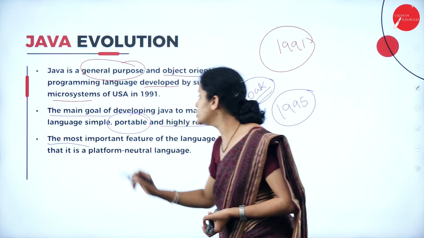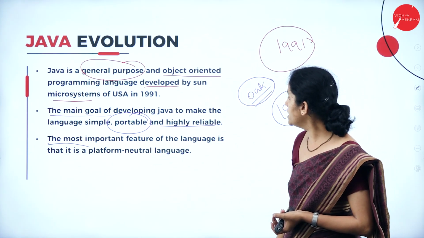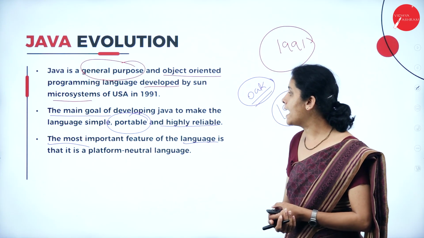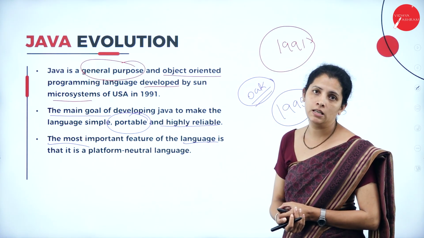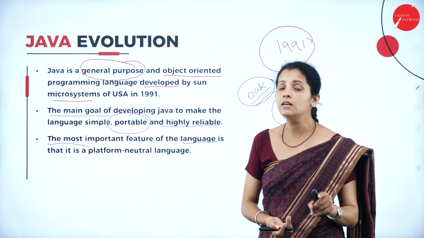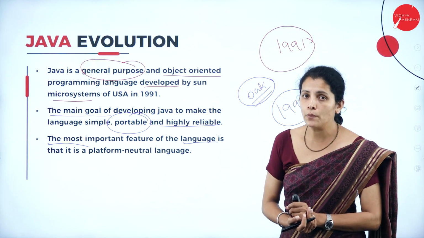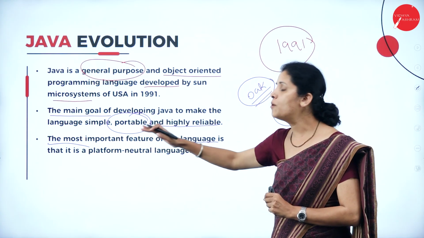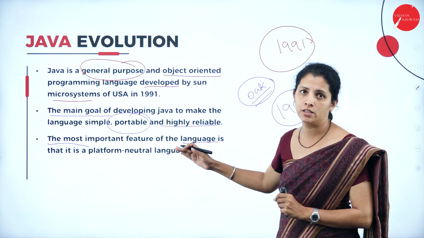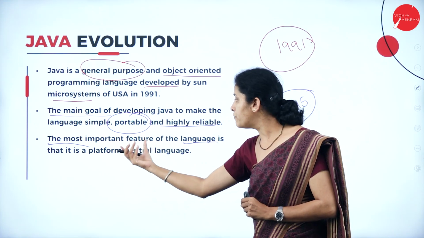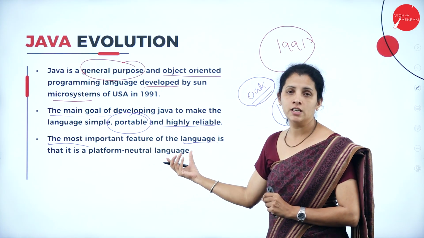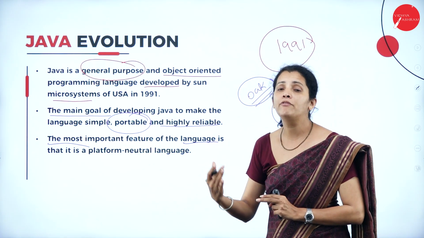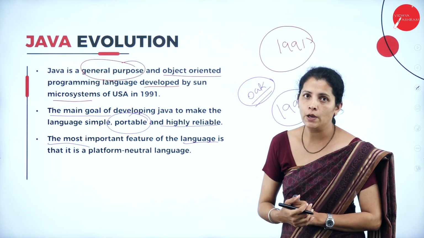Now, the most important feature of the language is that it is a platform neutral language. So here the Java programming language is also called by the name platform neutral language. So what is this platform neutral language? It is nothing but platform independent language.